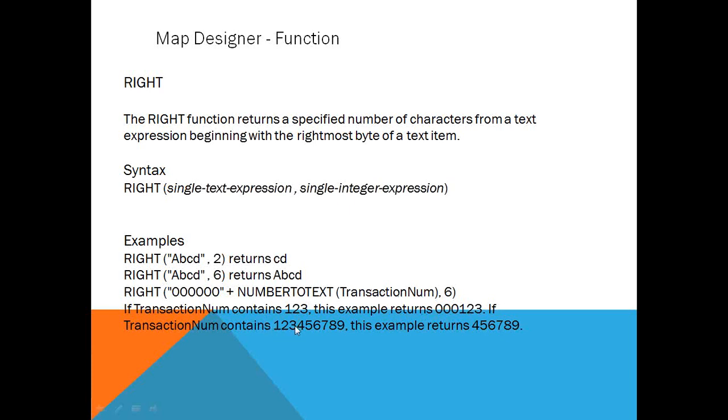Suppose the transaction number is longer, it will give 456789, because the right function returns the last 6 characters from the right side. In a real-time example, instead of hard coding, we will drag the input item. Suppose you are mapping the order ID, you will drag the order ID here. Similarly, the next function.